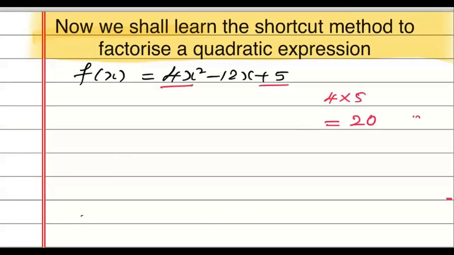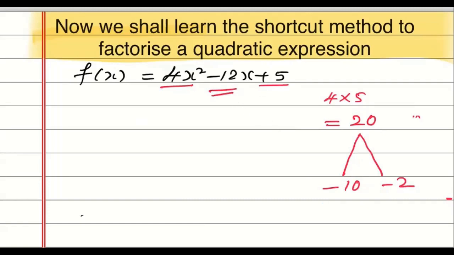Now factorize this 20 so that the sum of the two numbers is minus 12. We can write it as minus 10 and minus 2, so that the product of minus 10 and minus 2 is 20, whereas the sum of these two is minus 12.